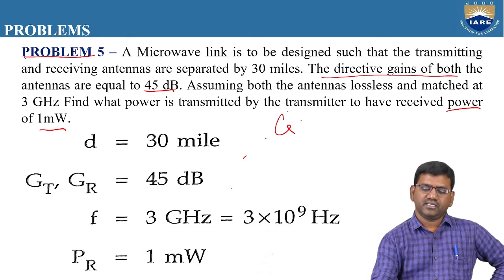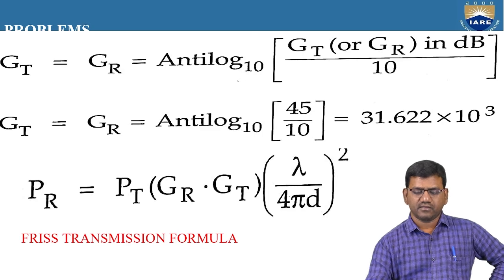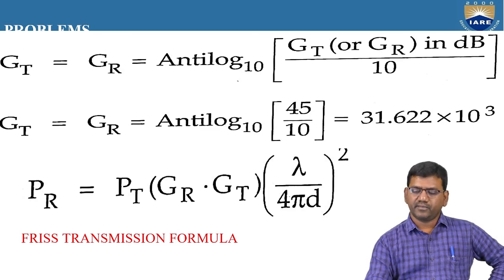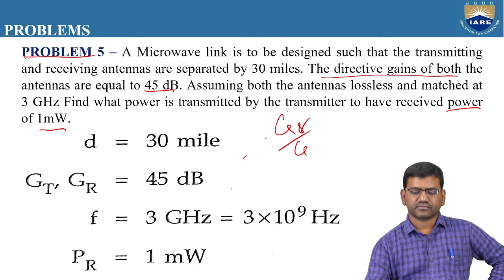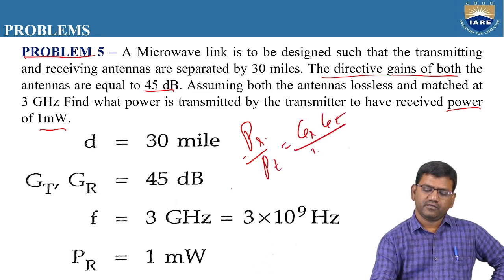So we have the expression PR by PT is equal to GR GT by 4 pi R by lambda whole square.